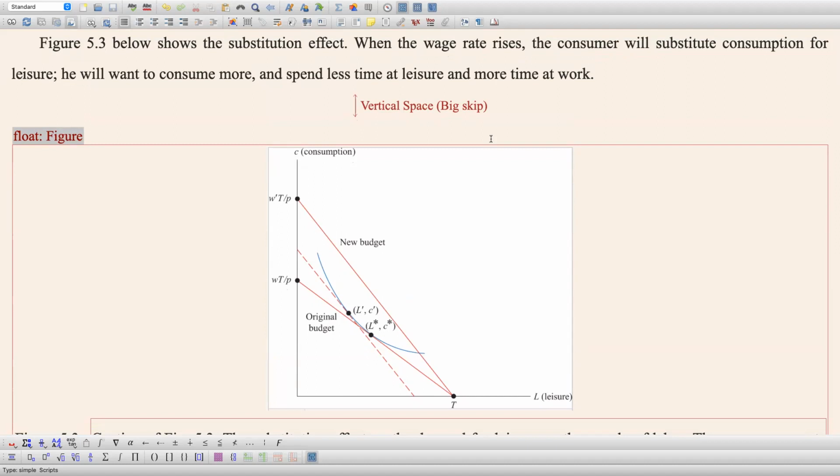Let me remind you: under a Cobb-Douglas, in the case study, the optimal value of leisure was 1 minus alpha capital.